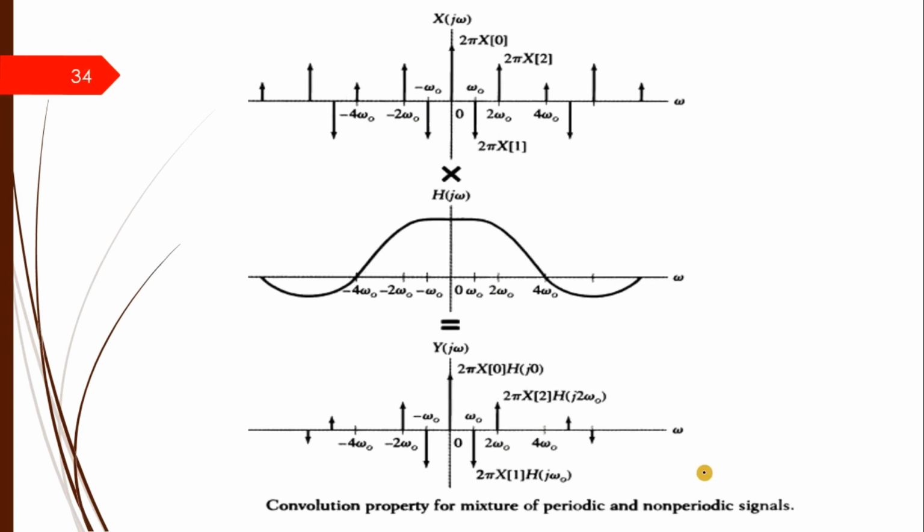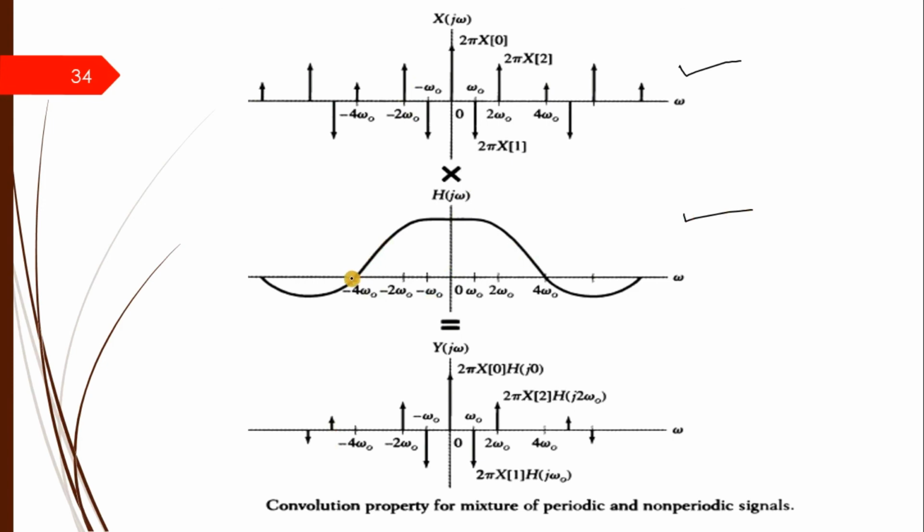Okay, so the diagrammatical representation goes like this. Think that X of j omega is in this fashion. We get the FT coefficients of X of j omega like this, and H of j omega is the impulse response, the system response, given like this. If you multiply in the frequency domain, it looks in this fashion.